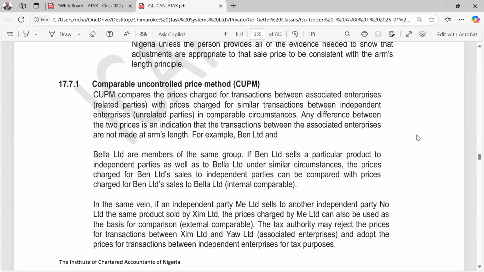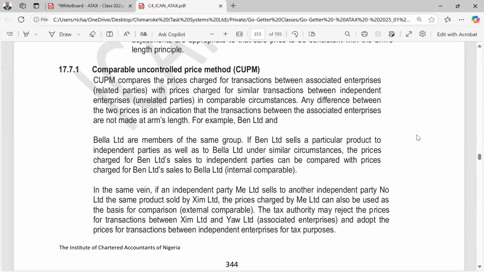So that's what they call comparable uncontrolled price. So the prices should not be controlled. If two independent parties are doing business, they are doing it in the open market, which is uncontrolled price. And now, comparable situation between connected persons with independent persons.